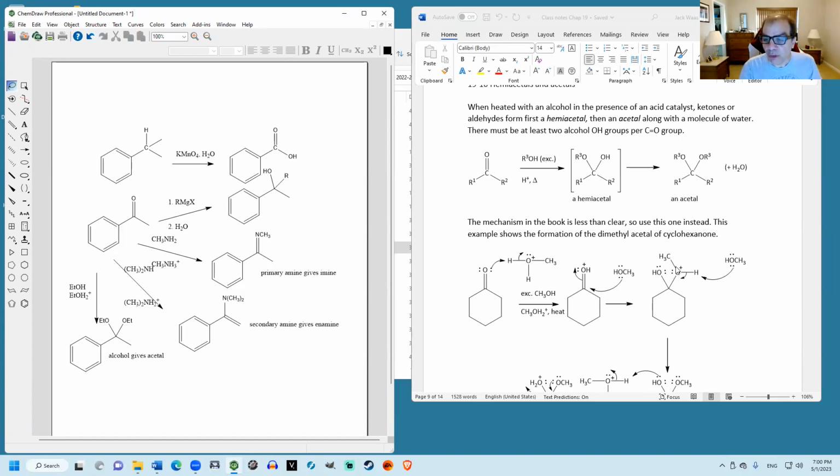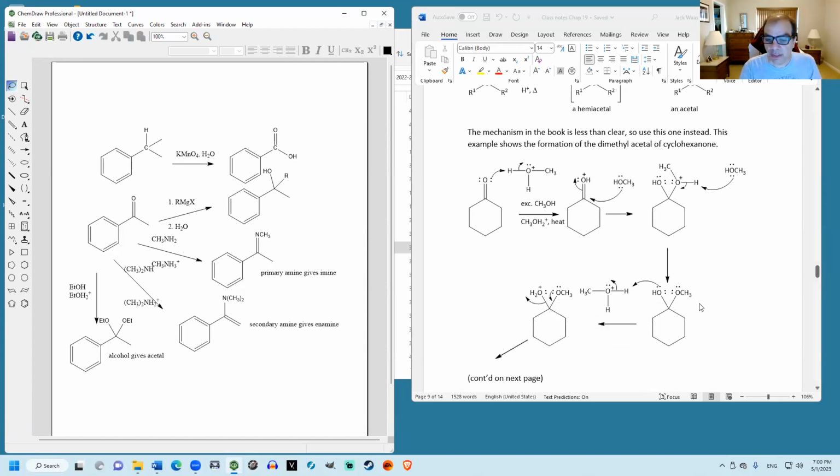So first thing we need to do is pull a proton off of this oxygen to get rid of the plus charge using the alcohol. That gives this intermediate. Then we need to protonate this oxygen so that we can lose water as a leaving group. That's the main goal of the reaction, is losing water as a leaving group.